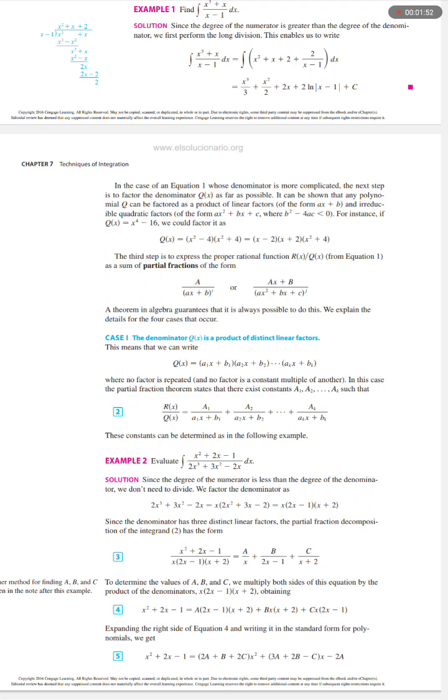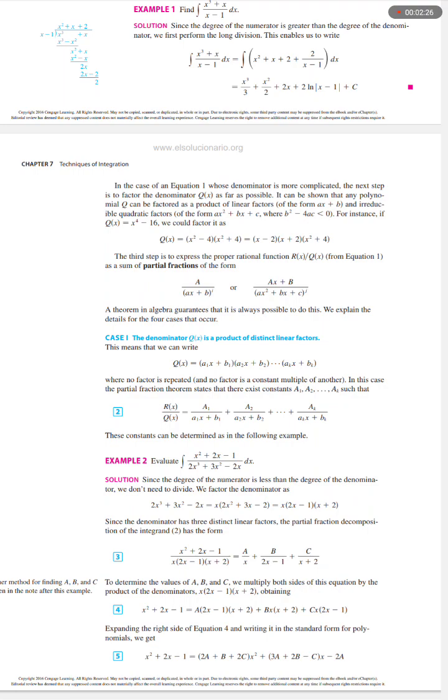It can be shown that any polynomial Q can be factored as a product of linear factors of the form ax plus b and irreducible quadratic factors of the form ax squared plus bx plus c, where b squared minus 4ac is less than 0.